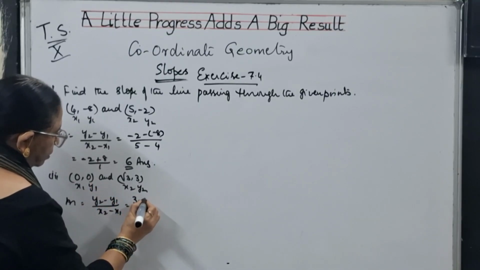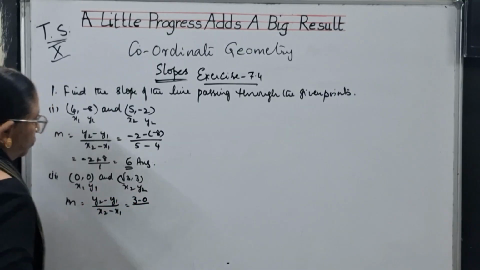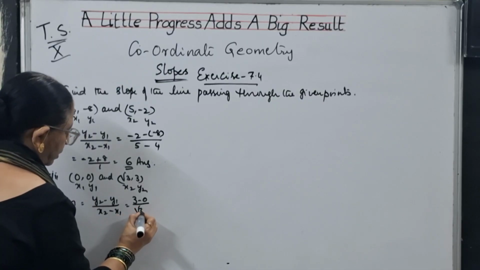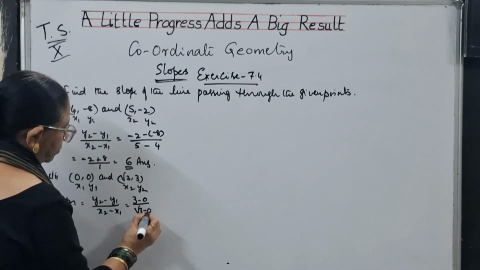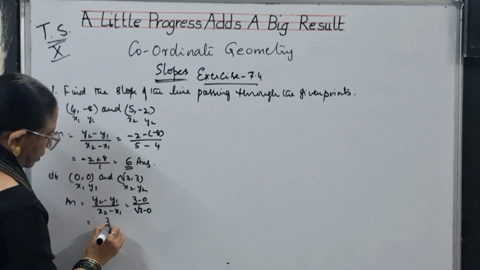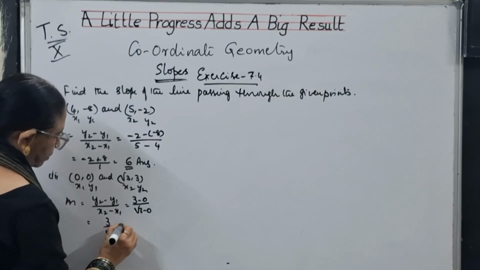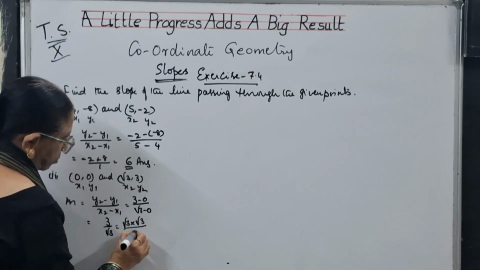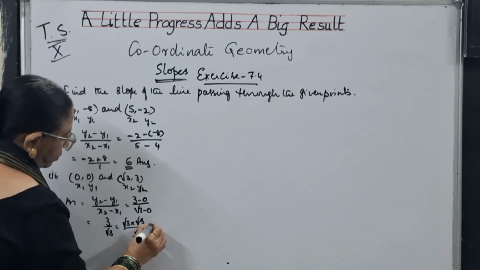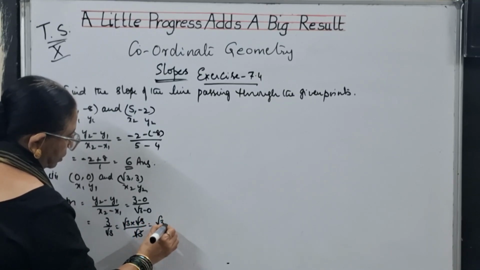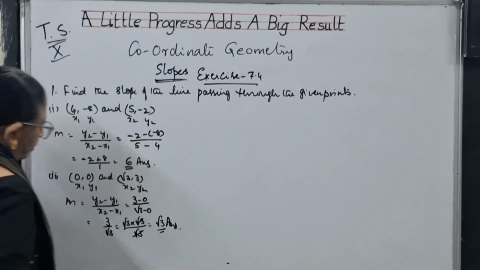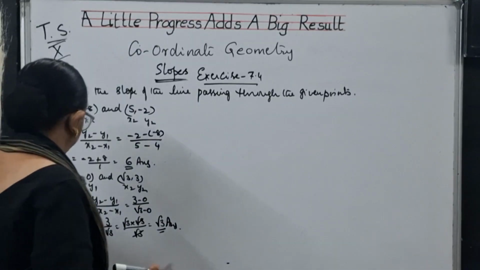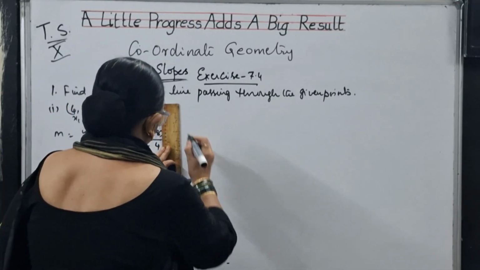No, this is 0 by x2 root 3, x2 minus x1, 0. So what am I getting? 3 by root 3. This can be written as root 3 into root 3 by root 3. These two will get cancelled. Root 3 is the slope of this. The answer is root 3. So this is second sum.